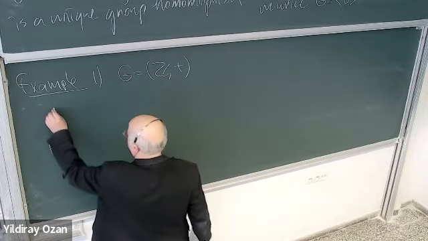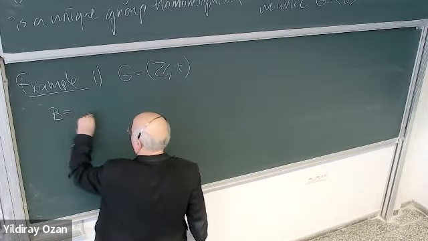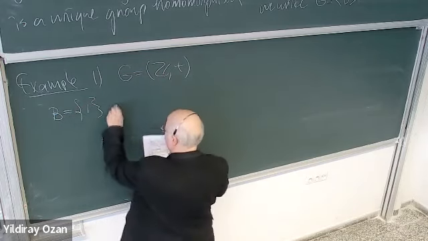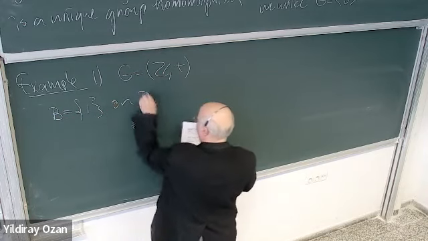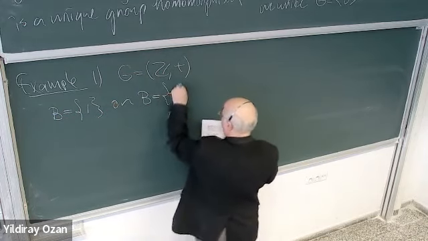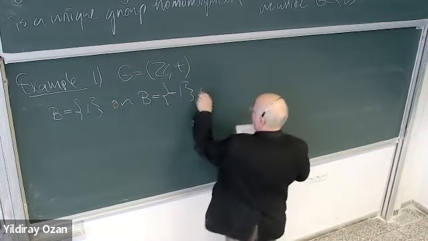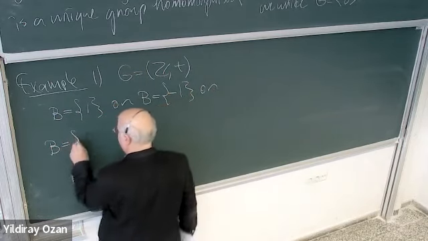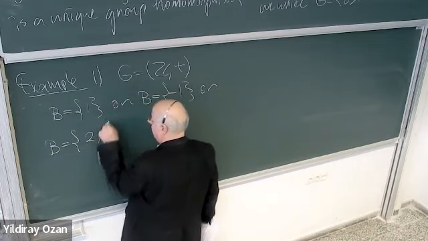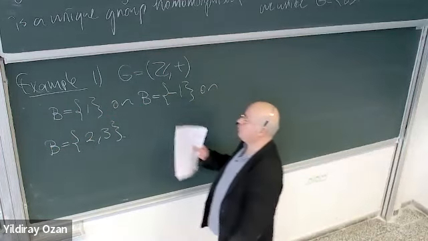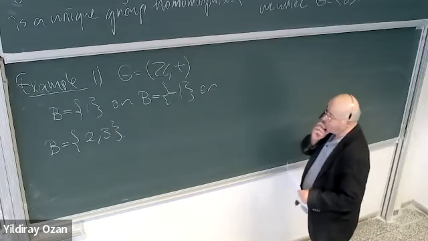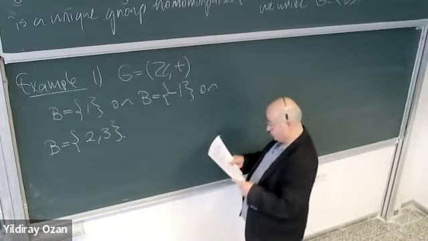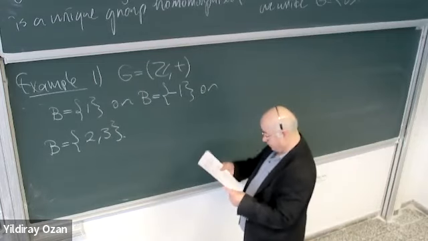We may, for example, take B as this set, or we may choose B to be this one, or even we can choose B to be the set 2, 3. Okay, so each of these sets is a set of generators for this group of integers.